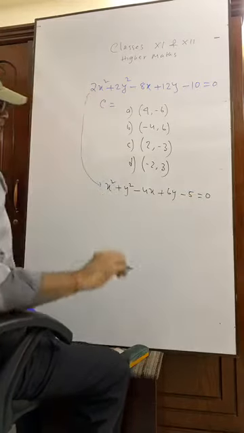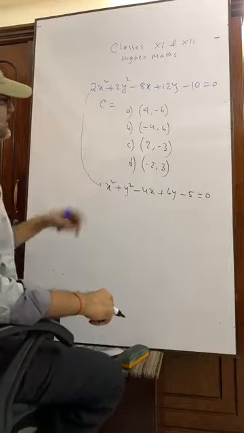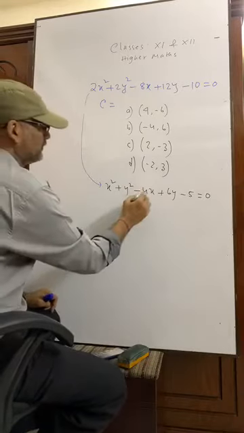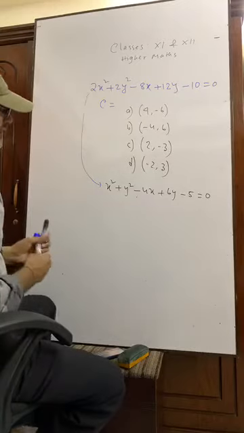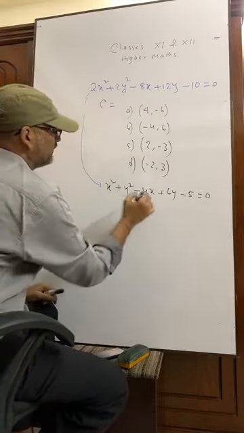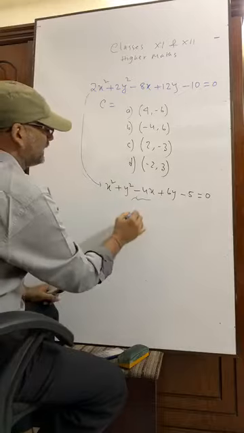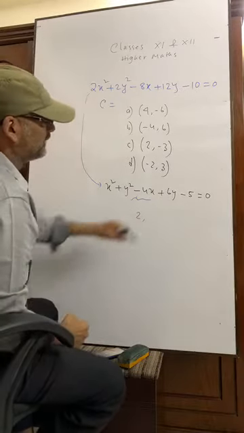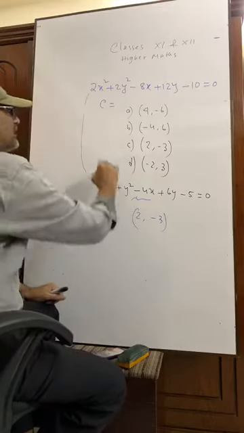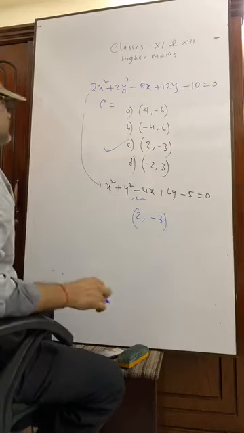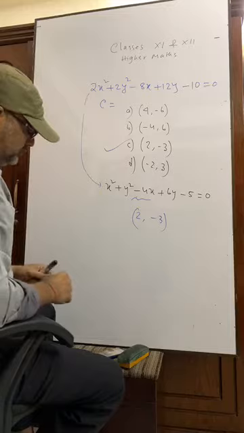Now you see what the center is. This is to be divided by minus 2, then we will get 2. This is to be divided by minus 2, then we will get minus 3. So this is the center. So our answer is option C. Okay?